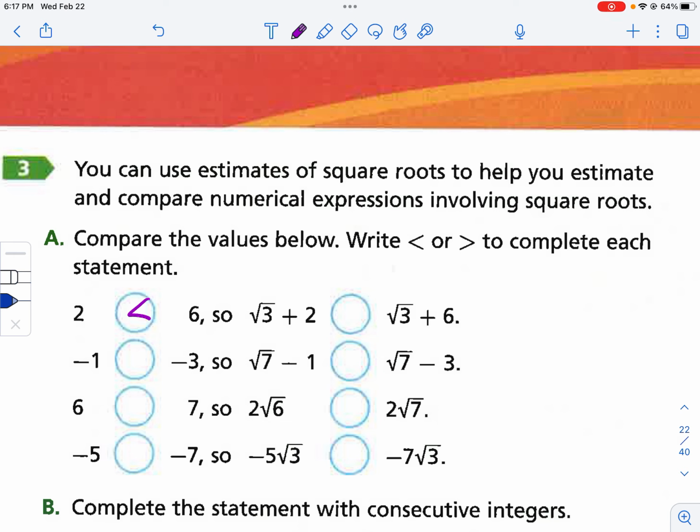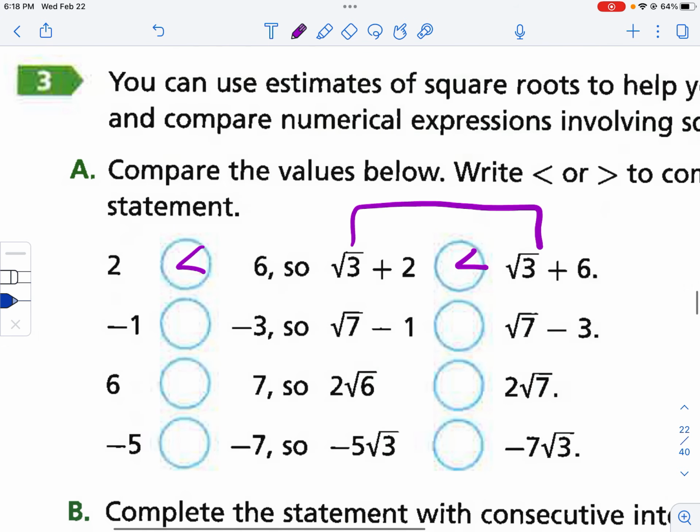So the square root of 3 plus 2, the square root of 3 plus 6. We added the exact same thing on both sides, so 2 is still less than 6.